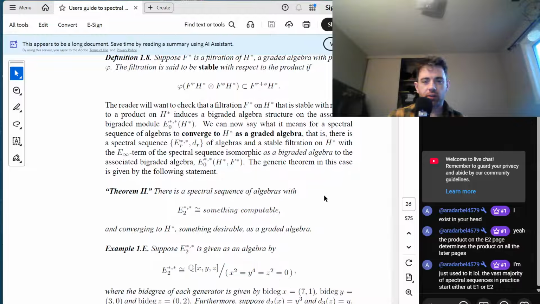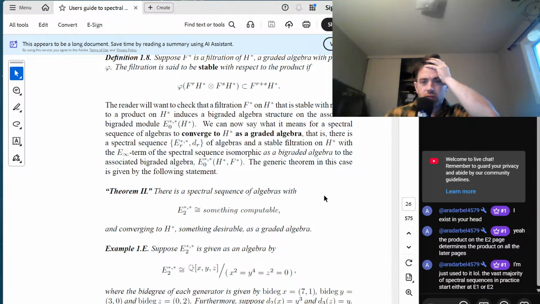I had to make sure I got up on time so I could do a quick office hour and go. That is stable with respect to a product on H induces a bi-graded algebra structure on the associated bi-graded module. Okay, I haven't woken up enough yet for this.